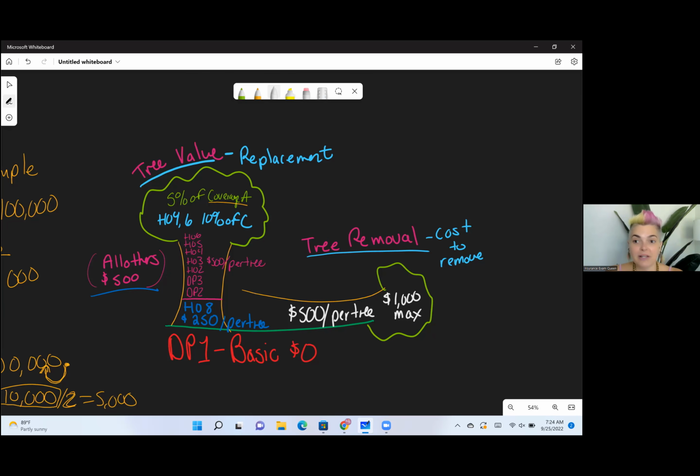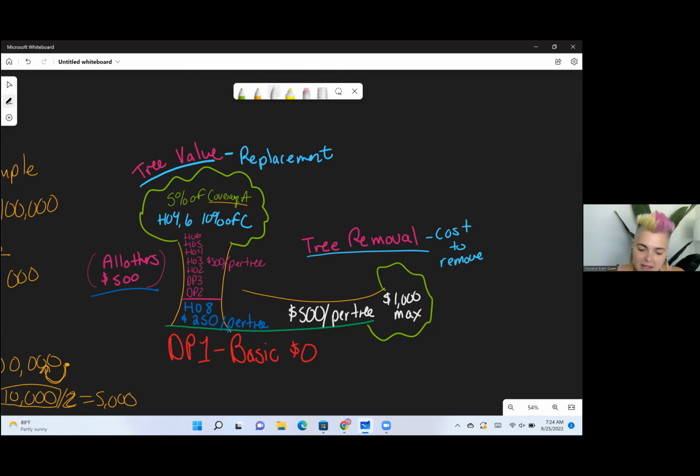Now you can remove 3 trees if they're all less than 500, right? It's just whatever the situation is. So you get 500 per tree for removal up to $1,000 max. You will only ever get $1,000 to remove trees, and each tree can only get 500.